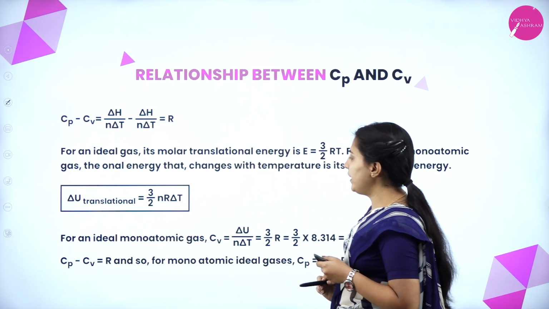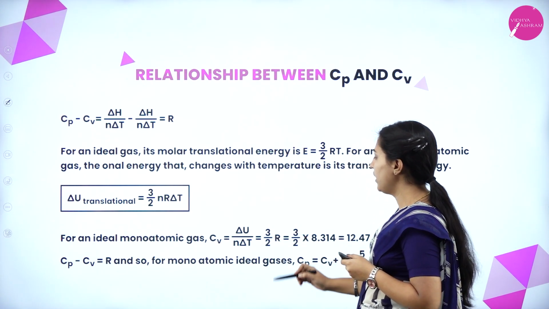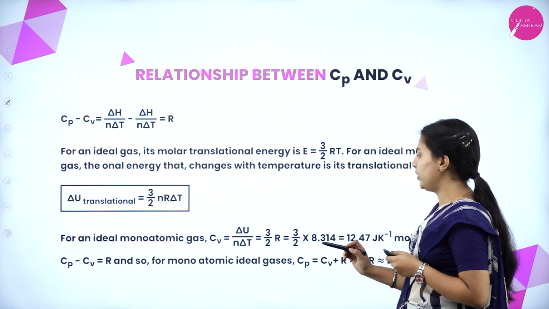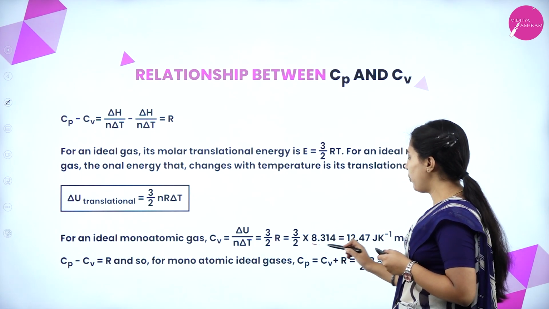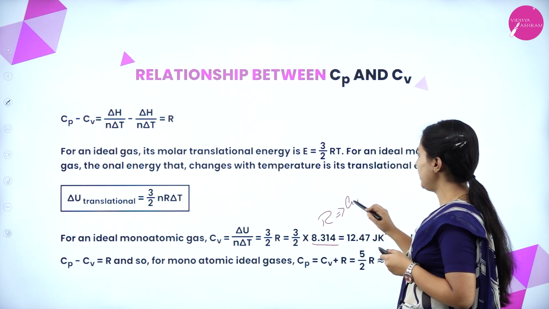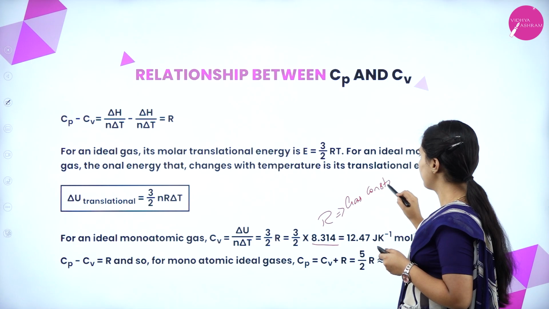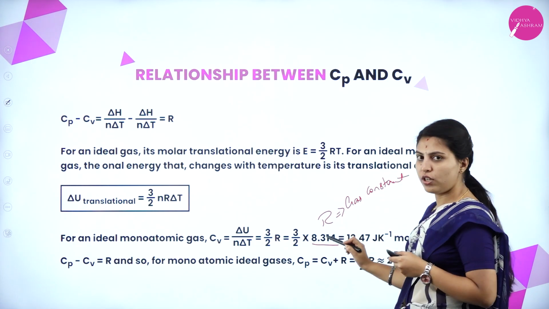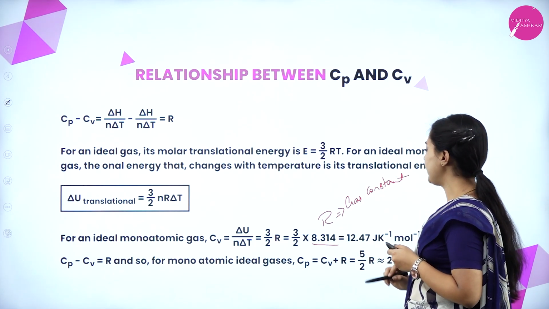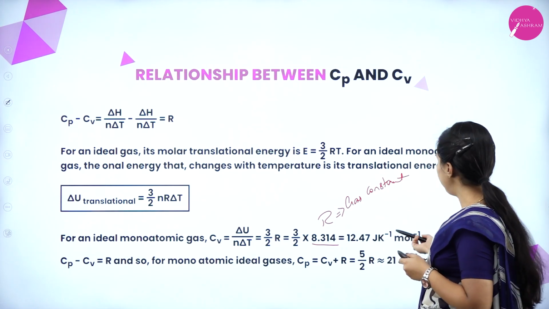For an ideal monoatomic gas, Cv equal to ΔU by nΔT equal to 3/2 R, equals 3/2 into 8.314, where R is the gas constant. This equals 12.47 joules per Kelvin per mole.